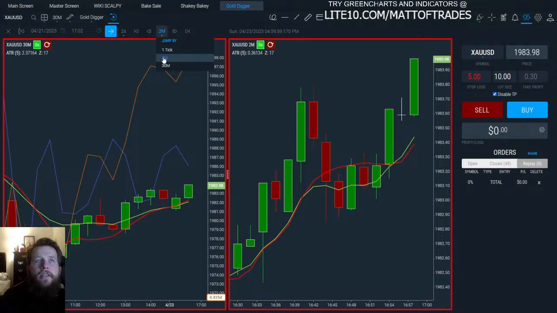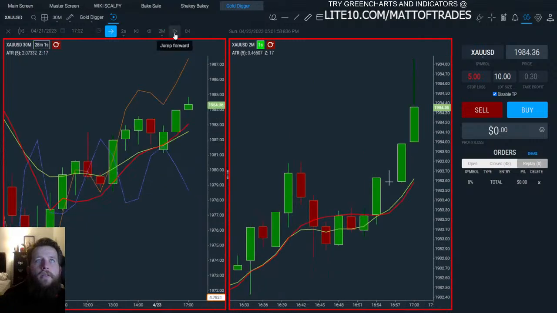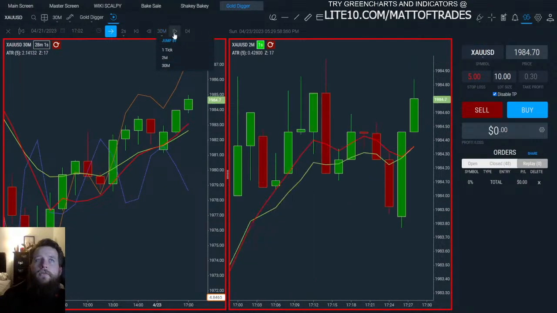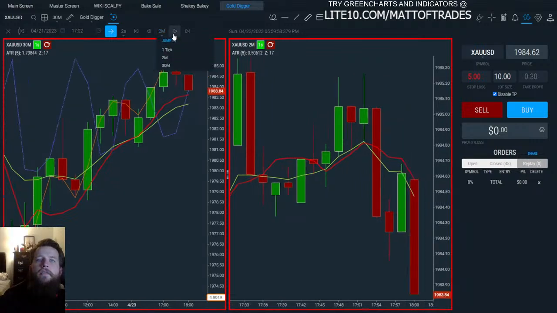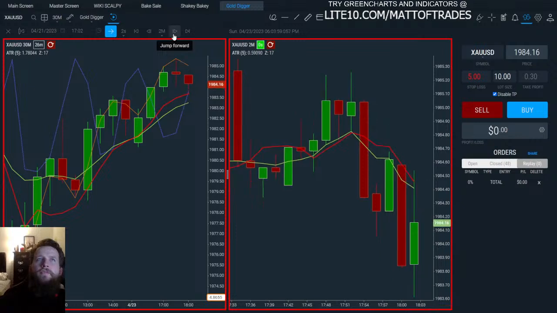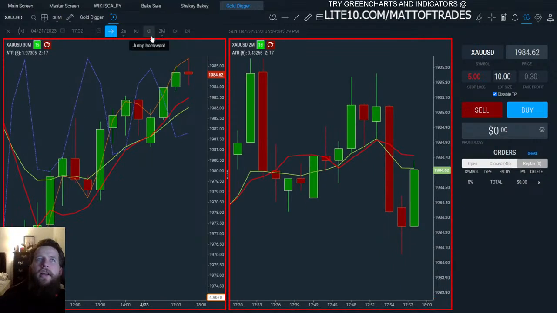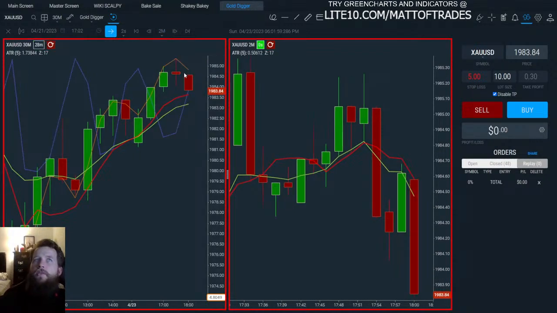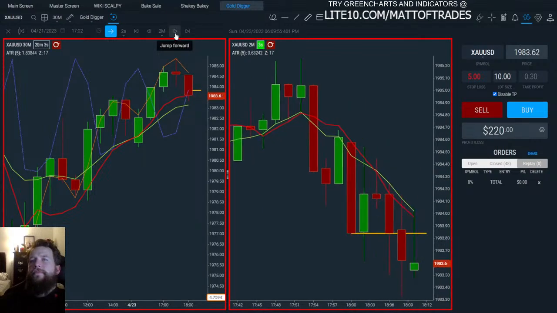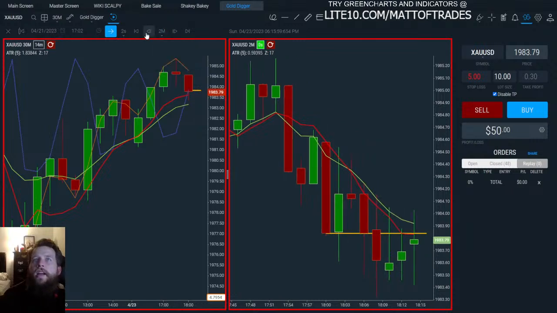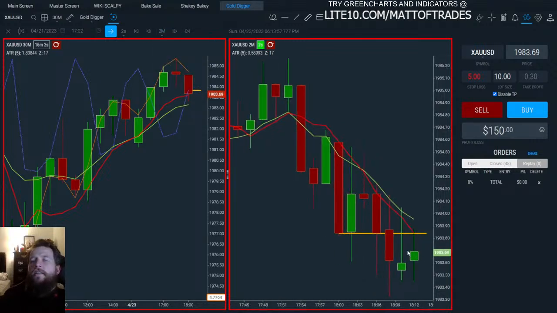Okay, so right now we're looking for a sell. So red's on top. I actually have right here: orange down, blue up, red's on top. Boom. Okay, close this out right here since we close above the body of the previous candle.